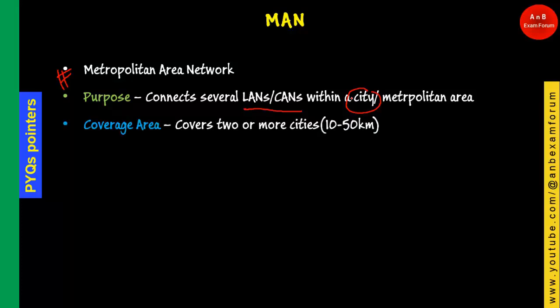And the coverage area can cover 2 or more cities. As I told you, citywide network, citywide Wi-Fi, citywide cable TV network are examples of a metropolitan area network. For example, Geo Fiber is providing city Wi-Fi, so that is your MAN basically.